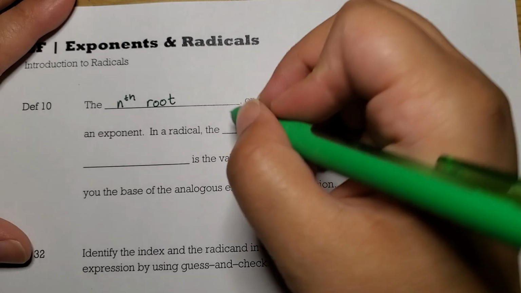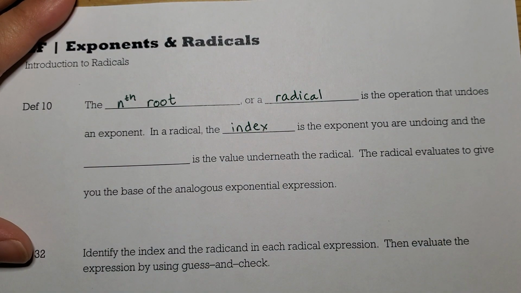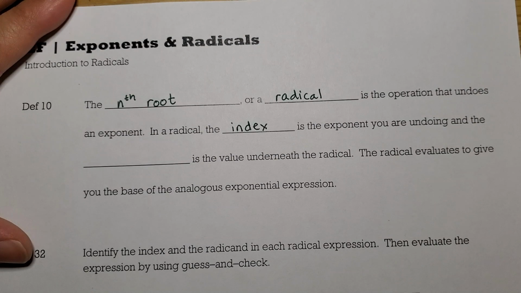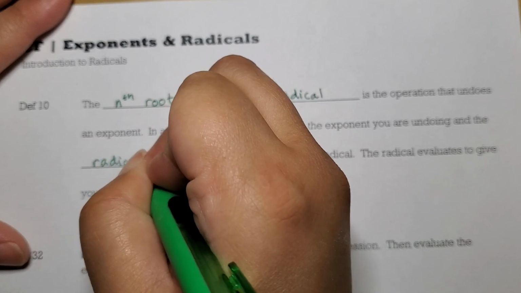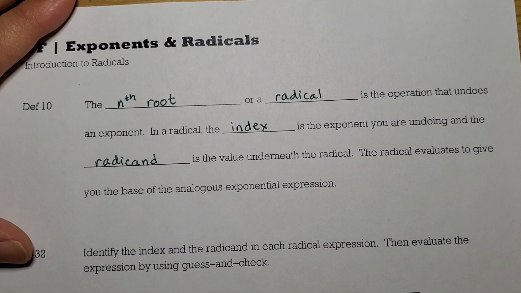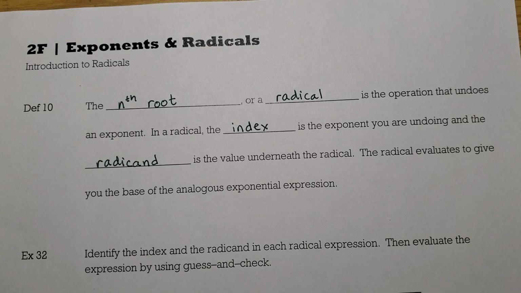In a radical, the index is the exponent you're undoing, and the radicand is the value underneath the radical. The radical evaluates to give you the base of the corresponding exponential expression.